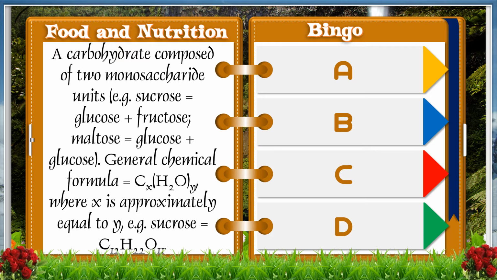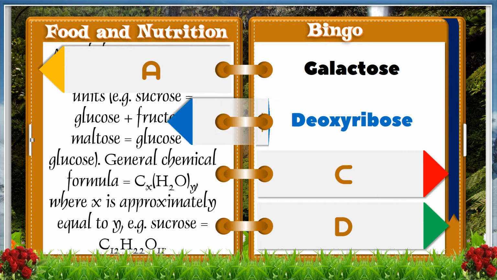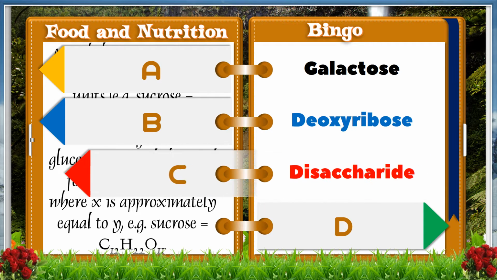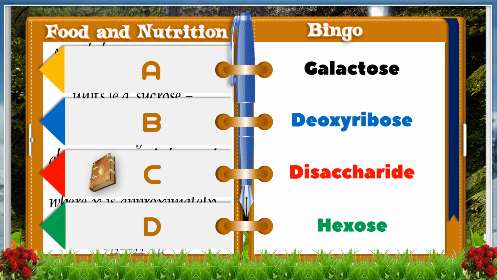For example, sucrose has a formula of C12H22O11. Option A, galactose. Option B, deoxyribose. Option C, disaccharide. And option D, hexose. And the answer is C, disaccharide.